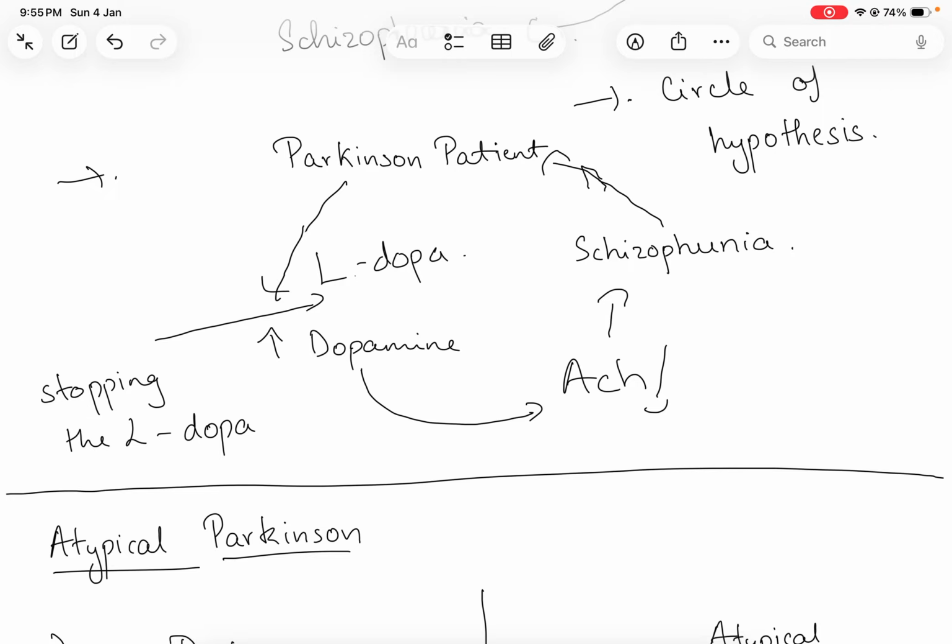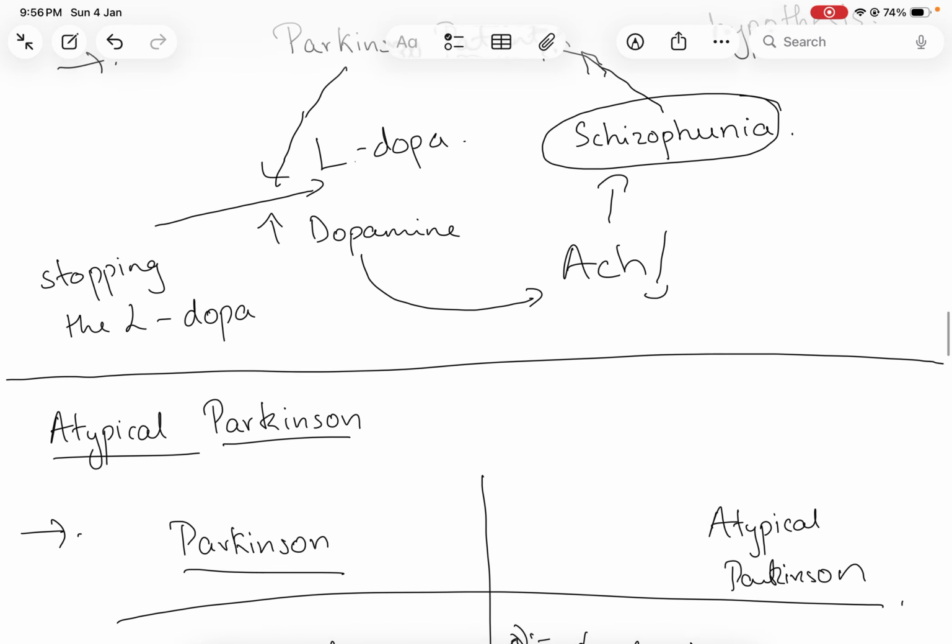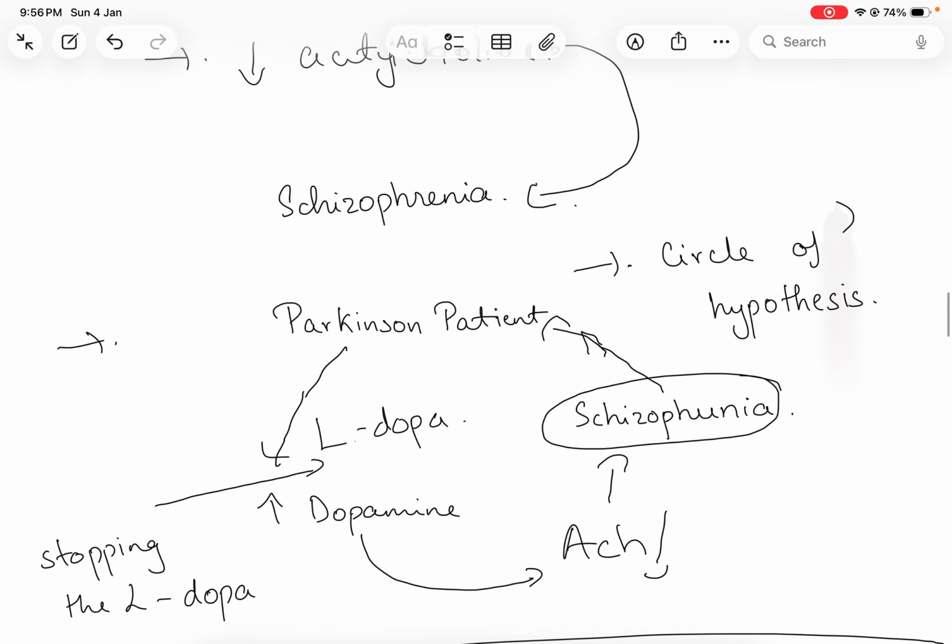If there is a decrease in acetylcholine production, then it may also lead to another disease called schizophrenia. So we usually encounter patients suffering from Parkinson's, and if the patient has undergone treatment with L-dopa, then there are high chances that the patient may manifest the symptoms of schizophrenia. Okay. So this is called the circle of hypothesis.